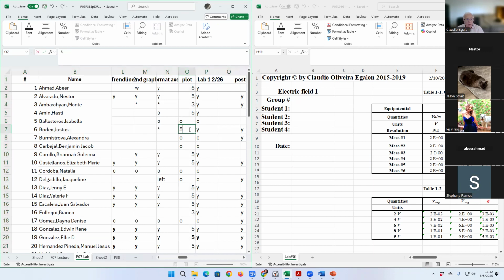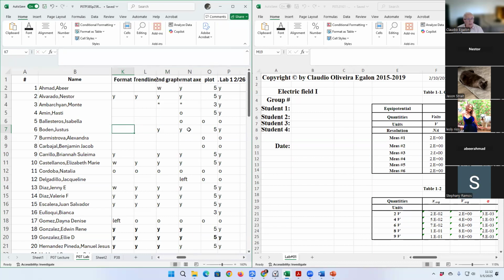Yes. Okay, good, all the 5. The next one is did you format the axis of this plot? Yes. Okay, good. Next, did you plot the second graph? There was a second graph. Did you plot it? Yes. Did you get the trend line for the second graph as well? At the moment, no. Okay, so you're working on that, right? So continue working on the trend line and I'll get back to you later.